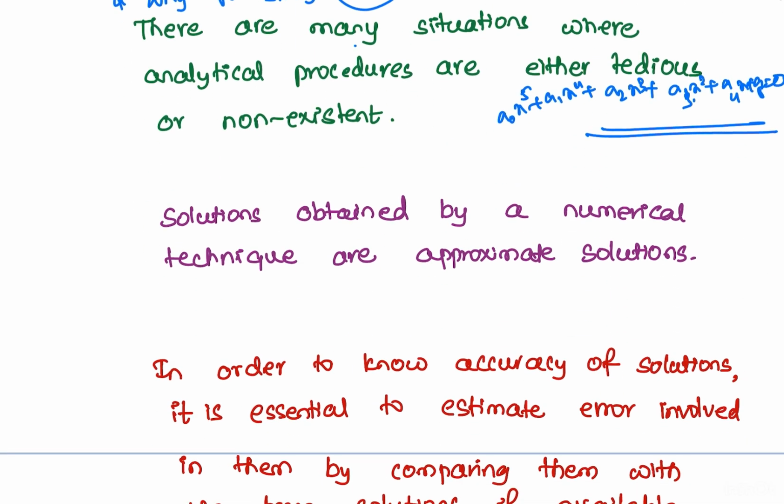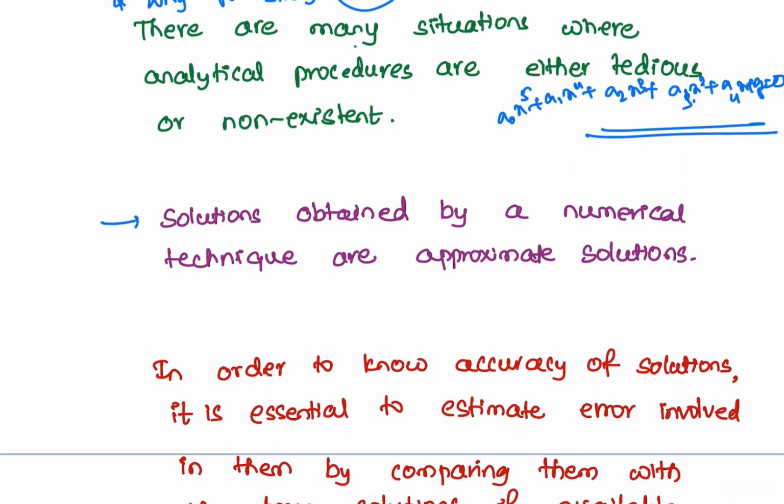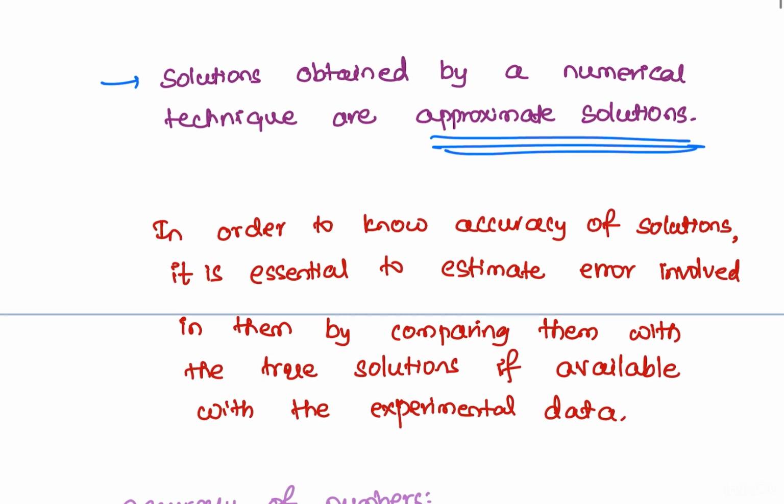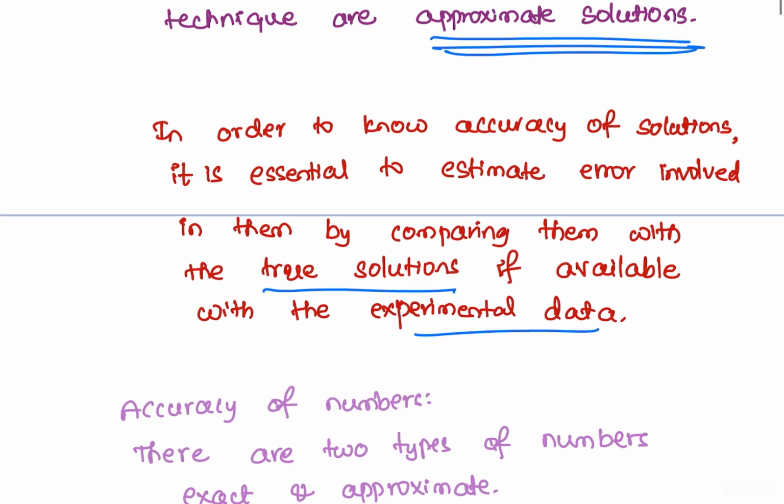Now we have to note one more thing. The solutions obtained by a numerical technique are approximate solutions, which may be less than or somewhat more than the exact solutions or true values. In order to know the accuracy of solutions, it is essential to estimate the error involved by comparing them with the true solutions, if available, or with experimental data.